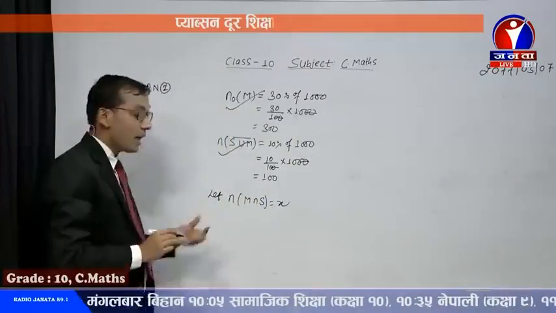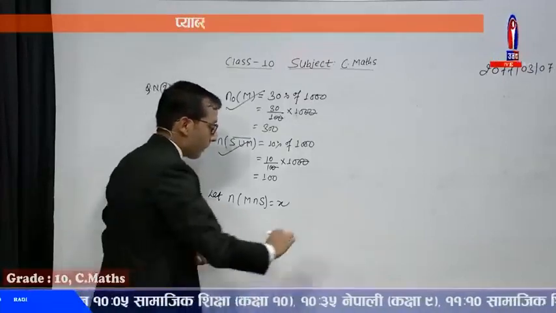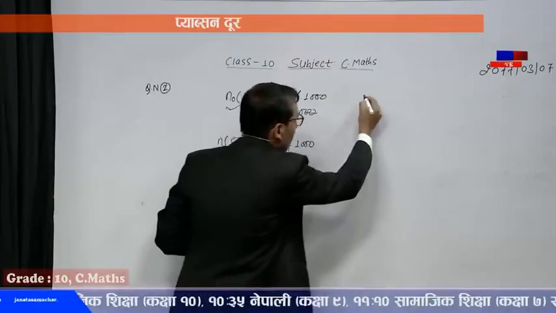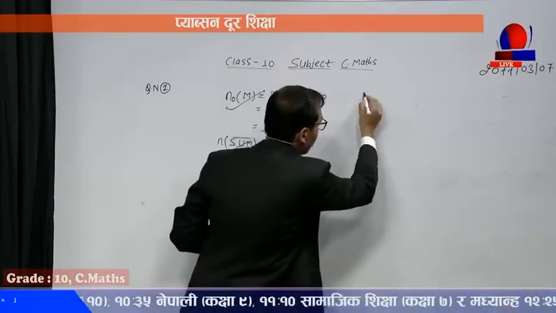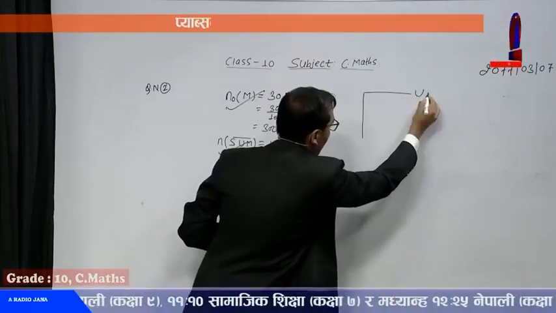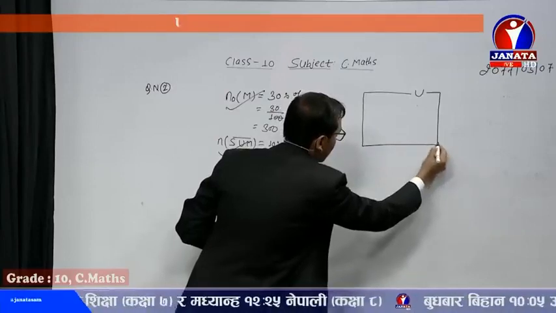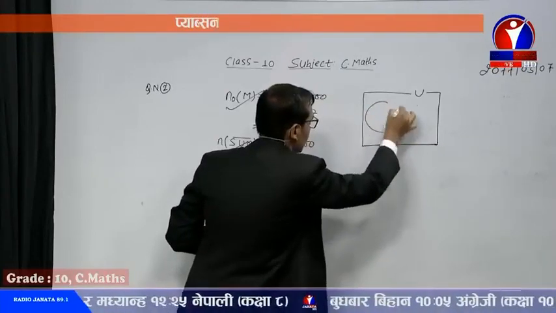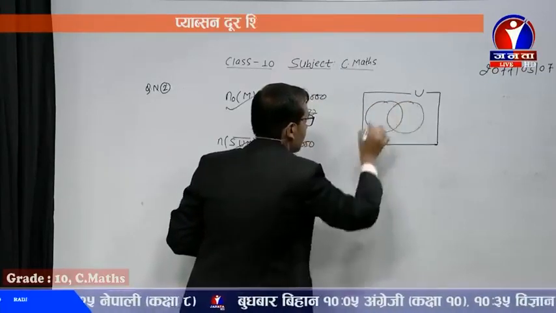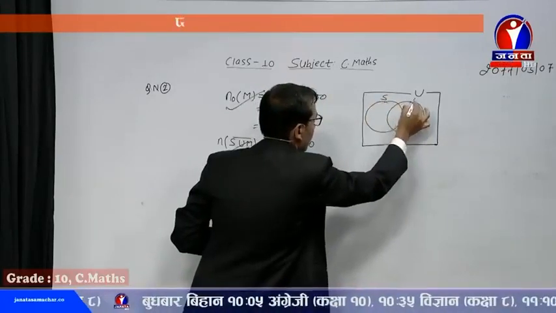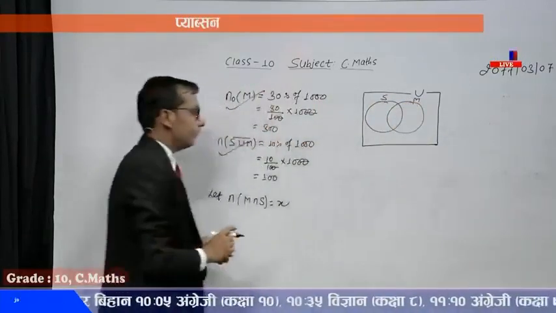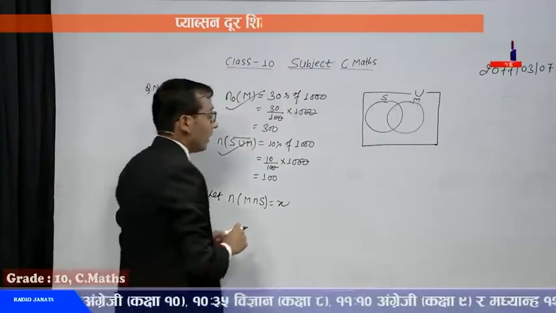Now we can represent this in the Venn diagram. To solve for this, let's draw a Venn diagram. This is science, maths. Okay, so what is n(only S)?